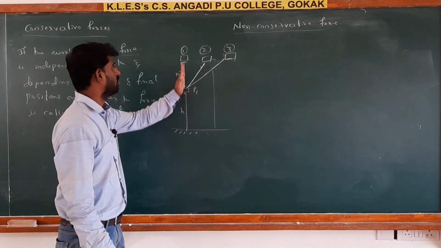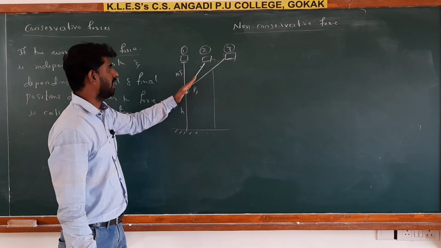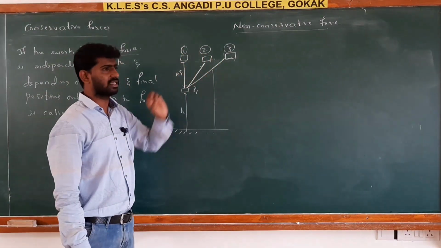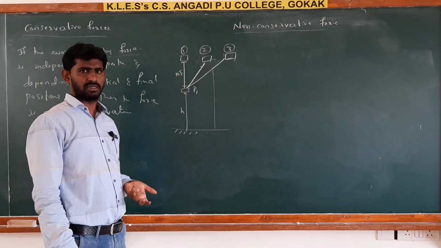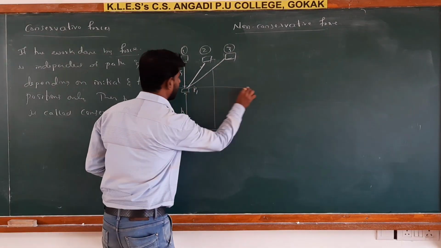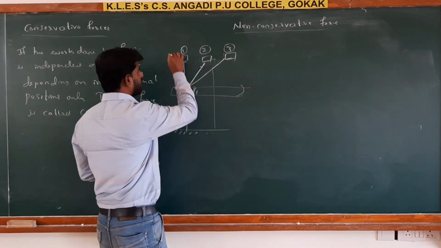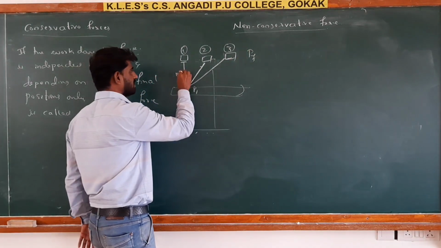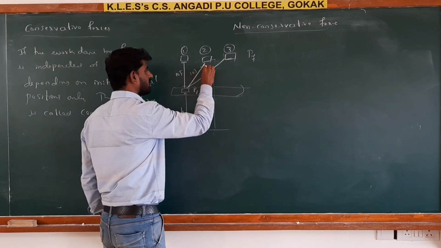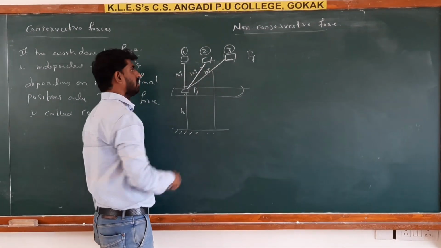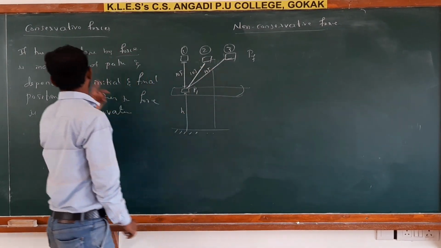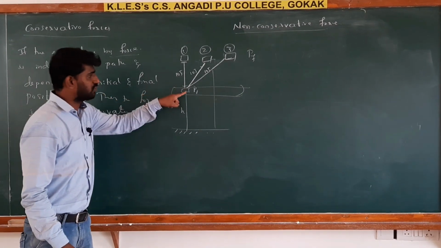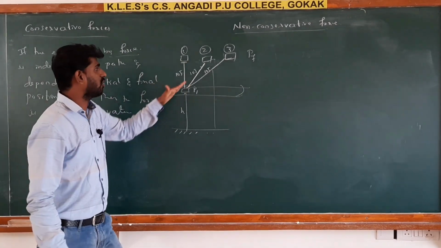But in all three cases, if I ask what the work done is, you take the initial potential energy and the final potential energy. If it is 10 joule here, there also 10 joule, and there also 10 joule. So the work depends on the initial and final points only, not on the path followed.